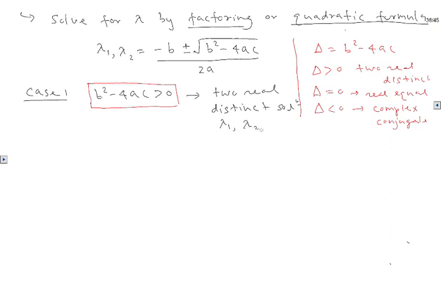Then we have two solutions to the differential equation, because we know that the solution has the form e to the lambda x, and the lambda is coming from here. So we just need to plug it in.